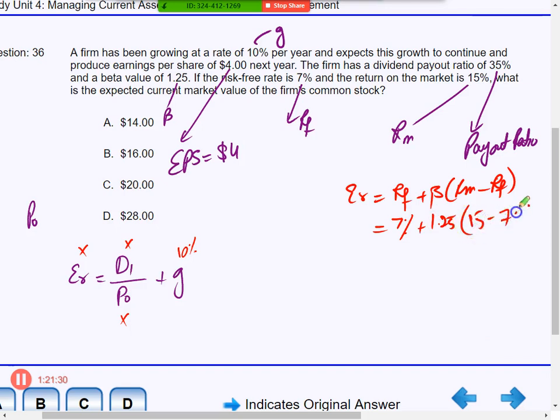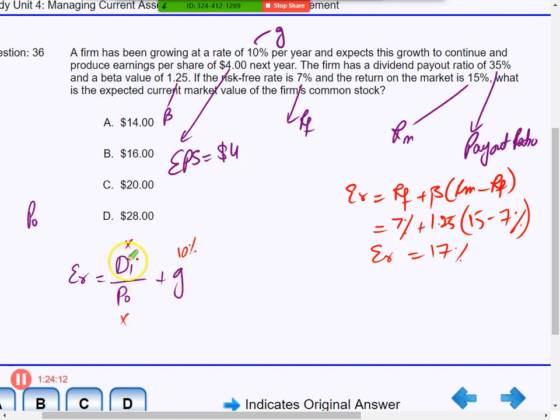And risk-free rate is 7%. See, so one of the elements of the Gordon growth model has been determined. 15 minus 7 times 1.25 plus 7 gives me 17%. So one of the elements is there. Yet I do not have D1. ER is there, I found out this. So let us just cancel this cross now. We have got this one.